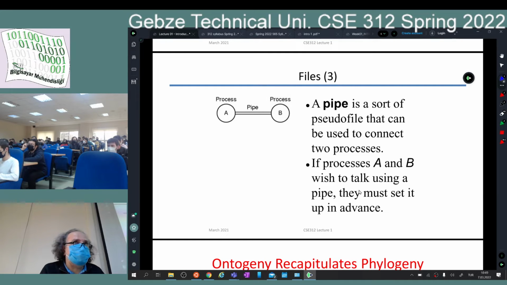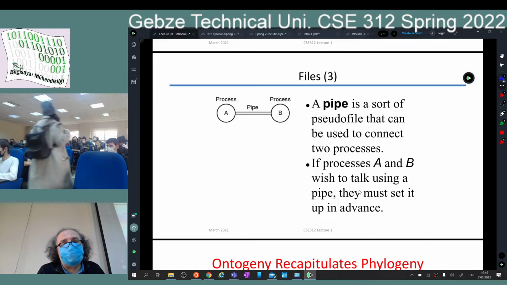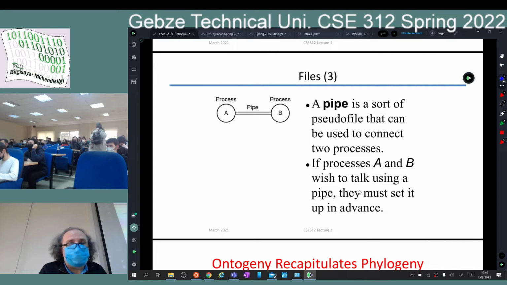Doesn't matter. They just open the standard input and use up all the data available there. So it becomes the responsibility of the operating system to make these abstractions for the user. Okay, so this one and that one are connected by a pipe, and we are going to look at them when we look at chapter number 4.